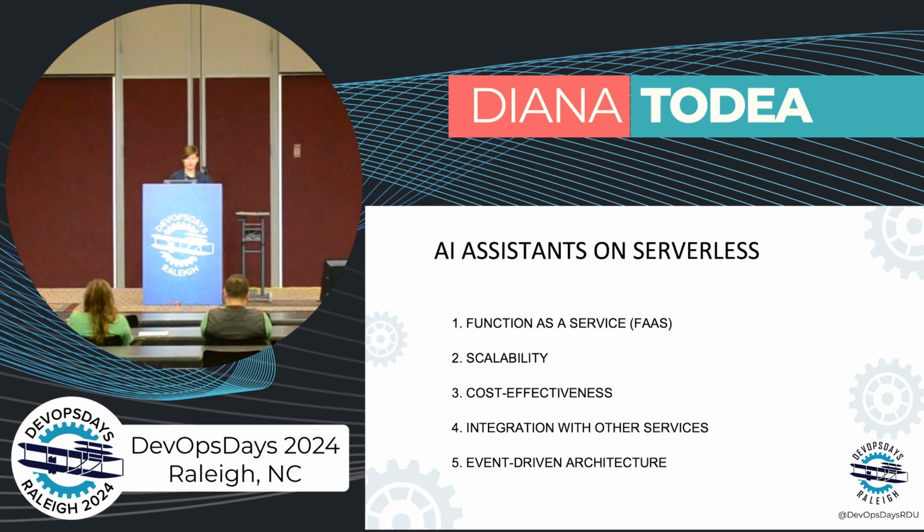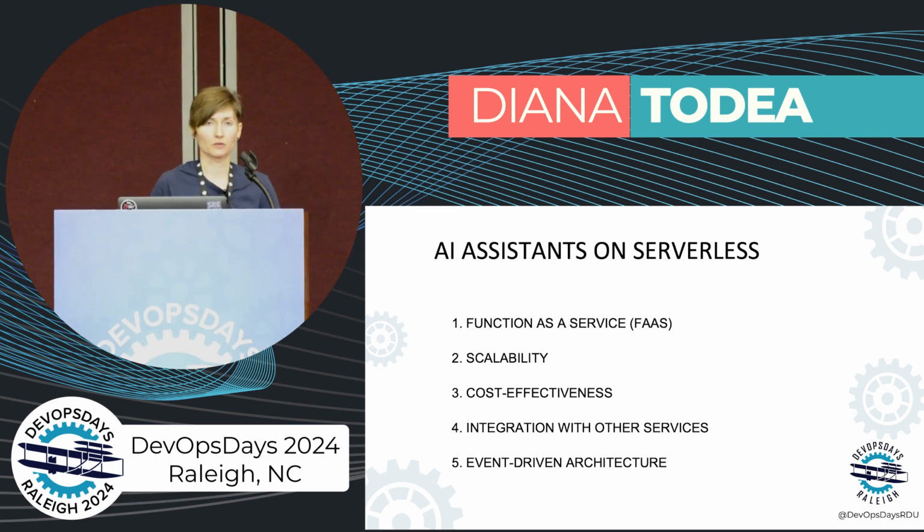In that sense, it brings down the infrastructure costs. Not least, another benefit is event-driven architecture. So again, it will work like with functions, being triggered by various events like HTTP requests or scheduled events. And you can use it in many other use cases, I'm just enumerating some of the benefits.